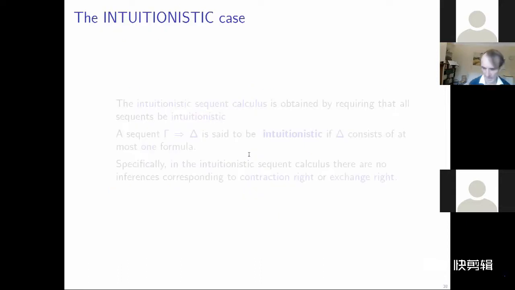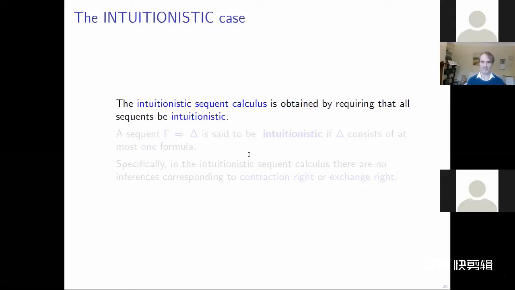Okay. And this very beautiful calculus, the Sequent Calculus of Gentzen, also allows you to treat the intuitionistic case in a very neat way. What I introduced so far is the classical Sequent Calculus. The intuitionistic Sequent Calculus is obtained by just one requirement, namely requiring that all the sequents are intuitionistic, which means that in the antecedent and the succedent, not more than one formula is allowed to occur.